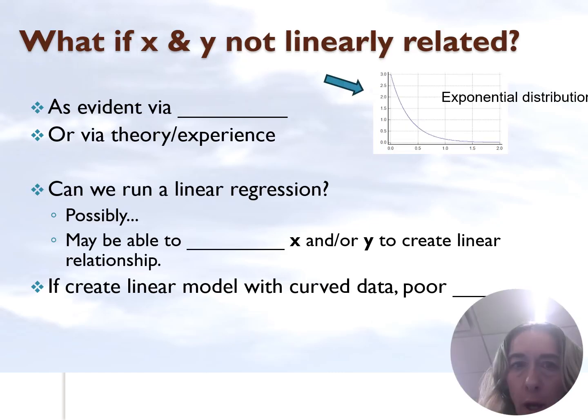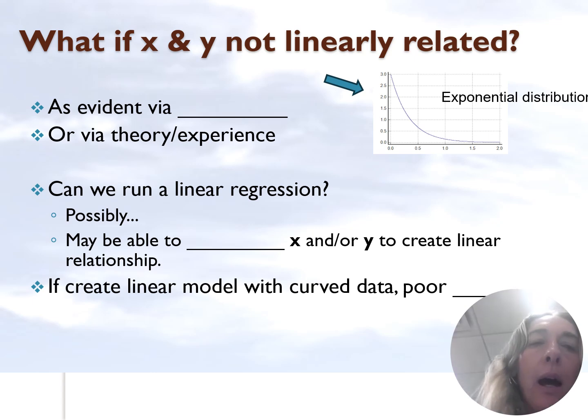Okay, so we've been talking about simple linear regression to this point, and what we've talked about is that a linear regression is only appropriate if your XY data is approximately linearly related.